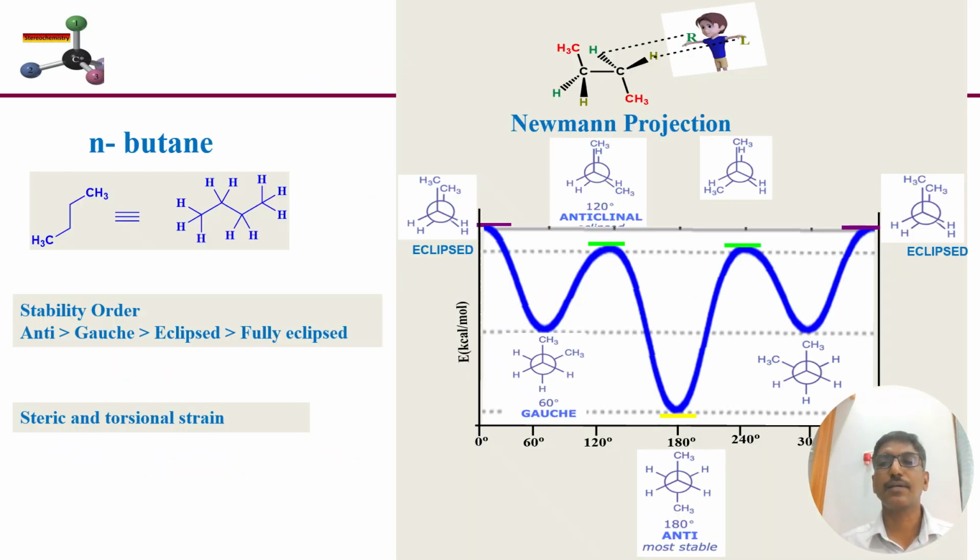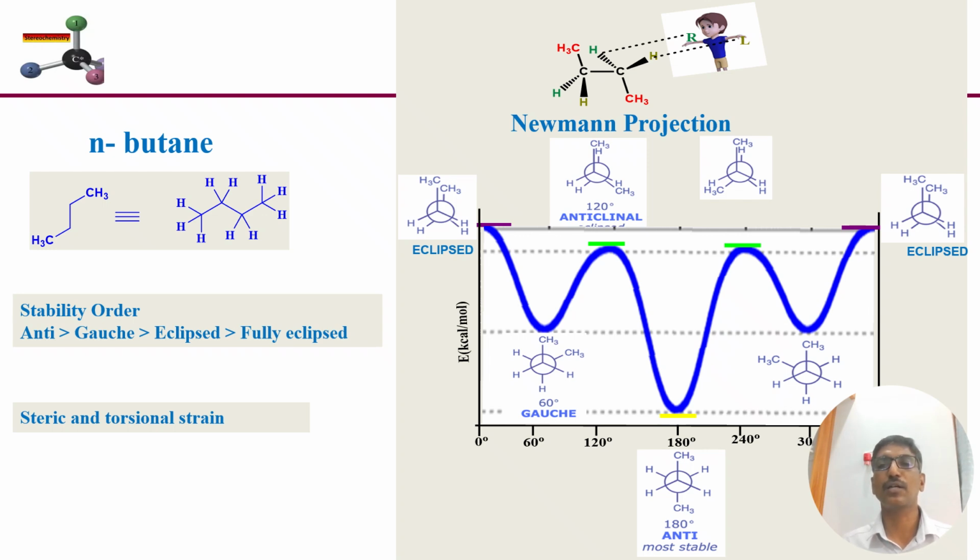As you can see here in this energy level diagram, the stability of n-butane conformations decreases as steric and torsional strains increase during rotation about the C-C bond. Let us discuss in detail using the energy level diagram of n-butane.